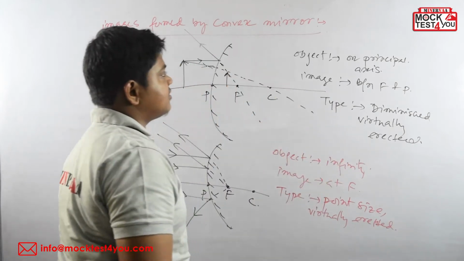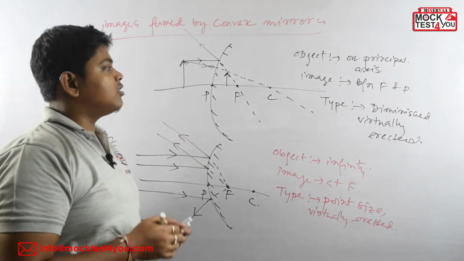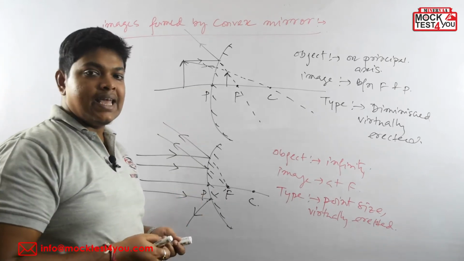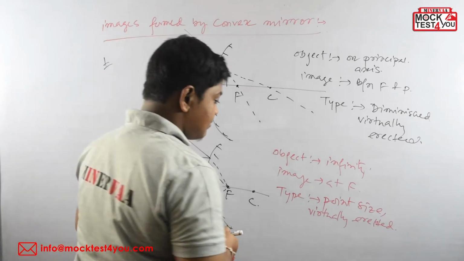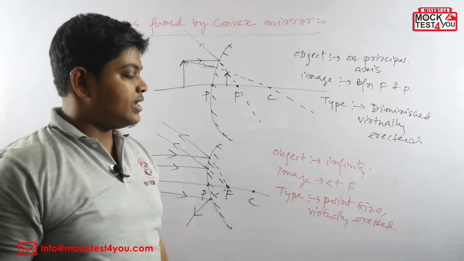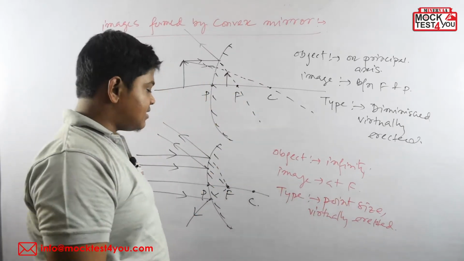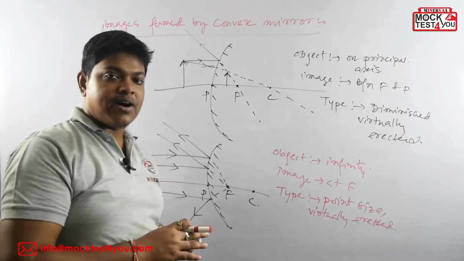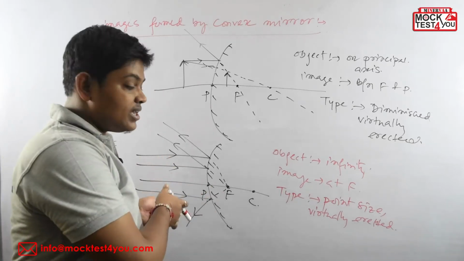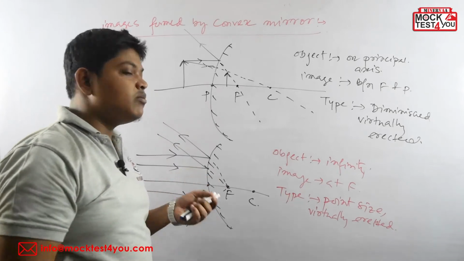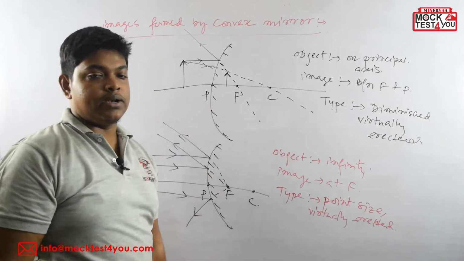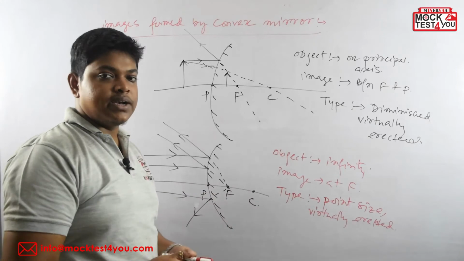In the case of a convex mirror, you will obviously get all of the images virtually erected, and it's diminished in size, that we have already written. It is a point size. That means if the object has some amount of height and is placed at infinity, you will obviously get the image as a point size. It's just a point, and you can say it is virtually erected.